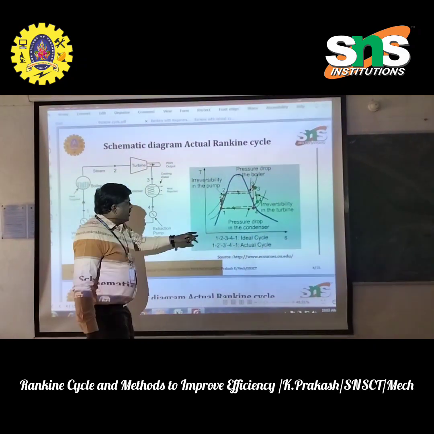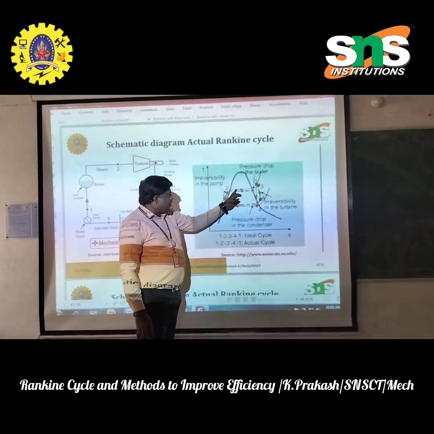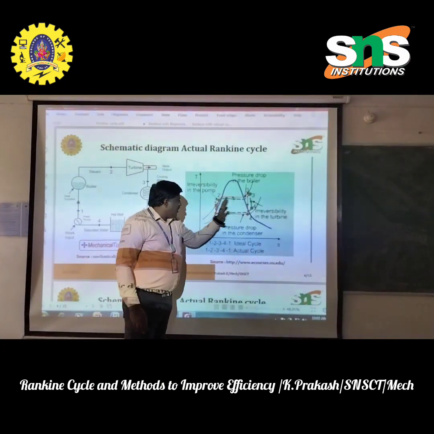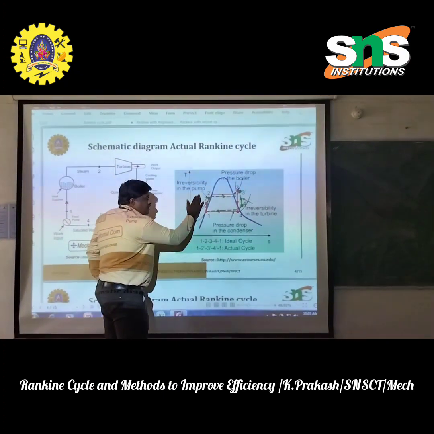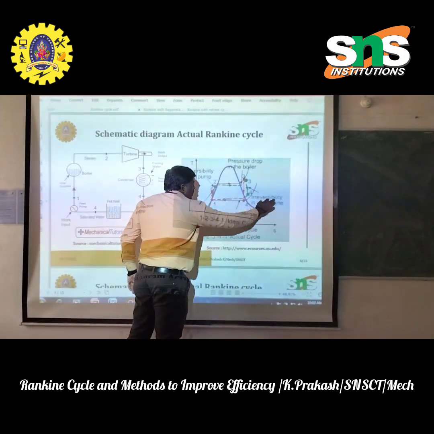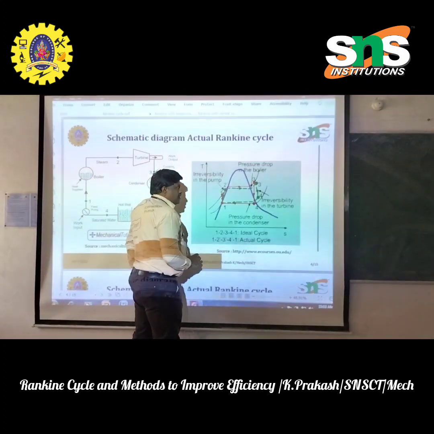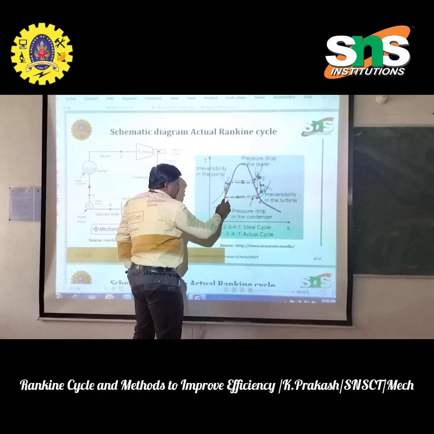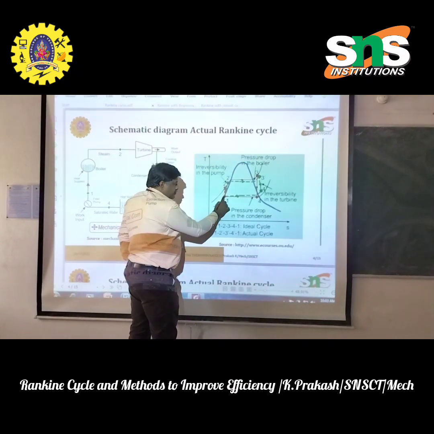Comparing the cycle, see here. This is the curve where the area on this side is the liquid, here it is the wet steam, and here it is the superheated steam. Here is the critical point where it starts. This is water.